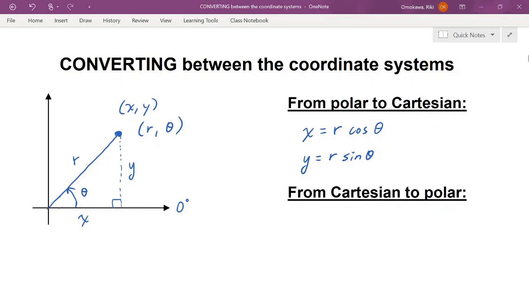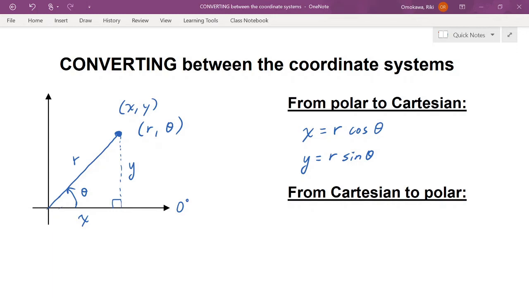And now going the other way, from Cartesian to polar. So what if they give you a Cartesian coordinate and you need to rewrite it as a polar coordinate? Well, in that case, you would have x and y, and you can use the Pythagorean theorem to figure out what r is, again, like you would do with vectors.